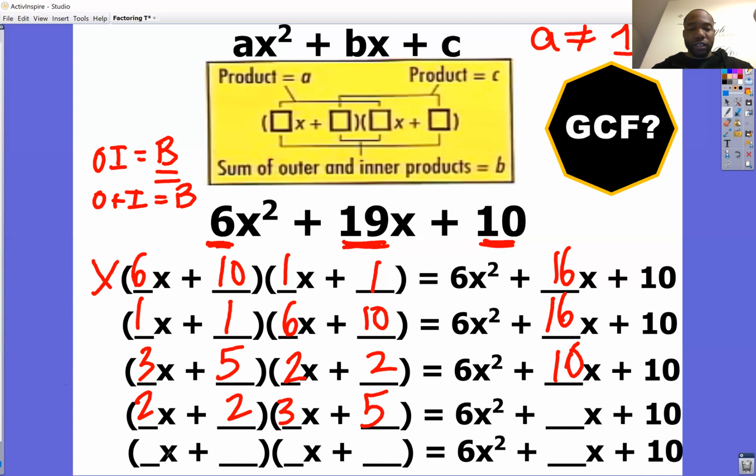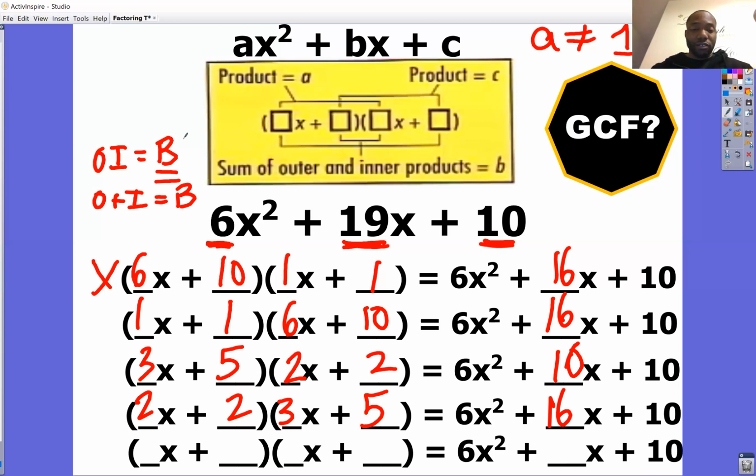And then we come over here and then we do 2 times 5. That gives me 10. And then 2 times 3 gives me 6. That still wouldn't work. It'll give me 16x. And so the issue is that this continued to go on for a while.